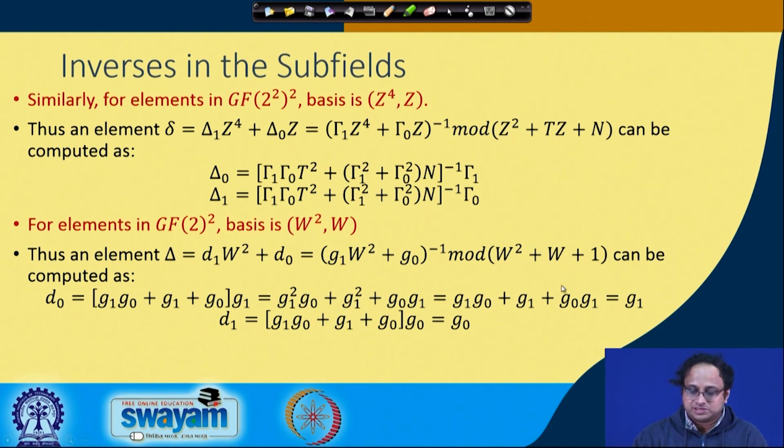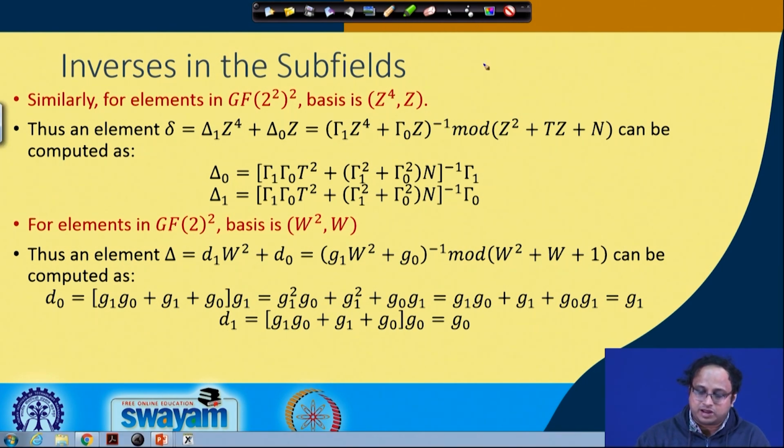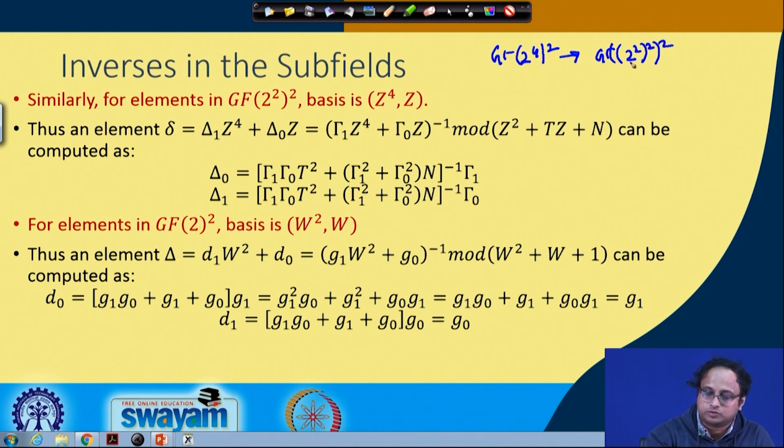So what I am trying to do again is similar to what we have done previously, to express an element in GF 2 power of 4 whole square in terms of GF 2 power of 2 whole power of 2 whole power of 2. That is essentially my final objective.